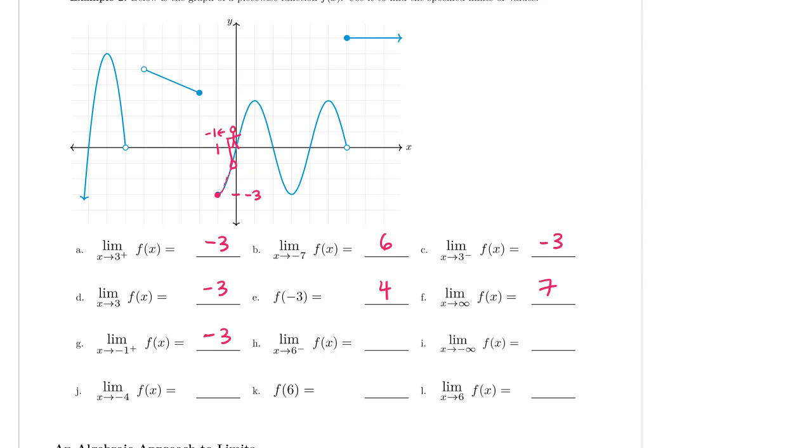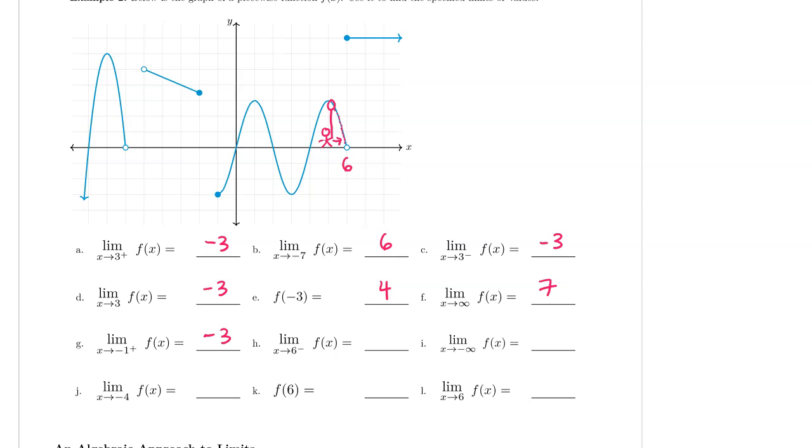Now we want to approach 6 from the left-hand side. Okay, so I've highlighted x equals 6, and that means my person is here. Here's my balloon, and they're getting closer and closer to x equals 6. The balloon is going towards this ordered pair here.